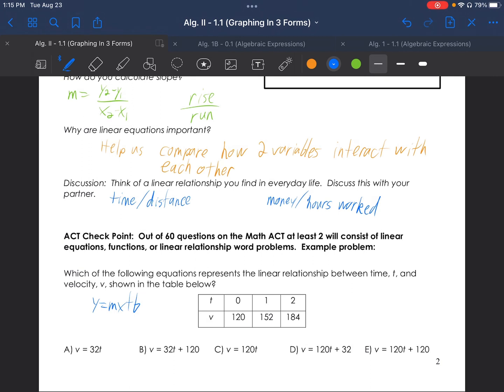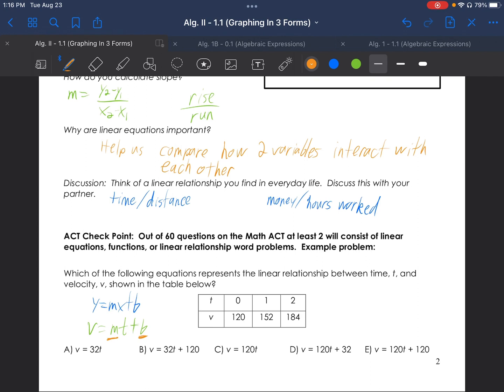So knowing that they all have v equals mt plus b, they're all in that format, the two things we want to focus on to know what equation would be correct are the m and the b, because they all have v and t in there.